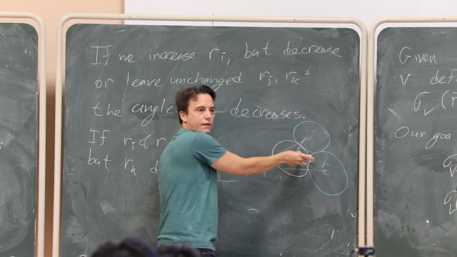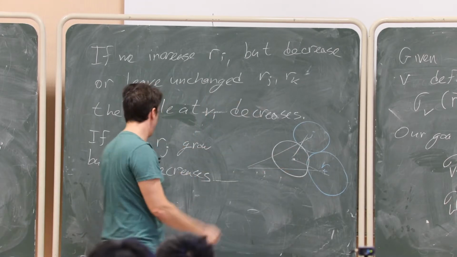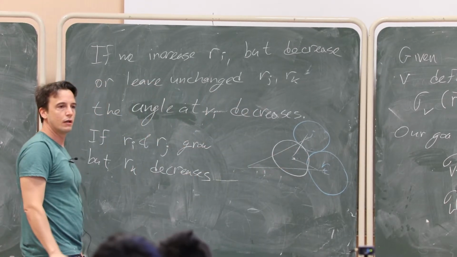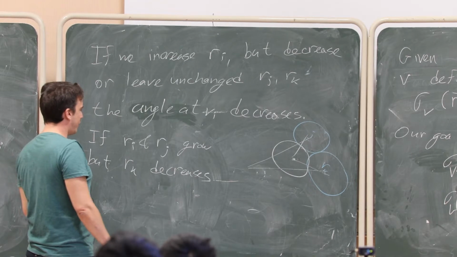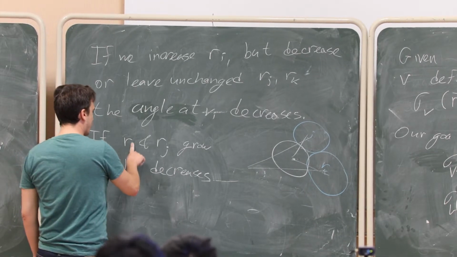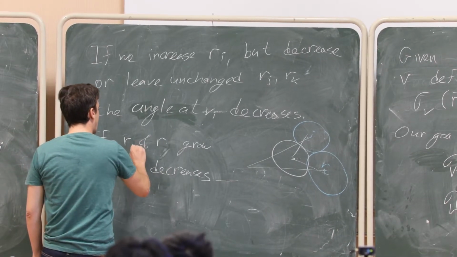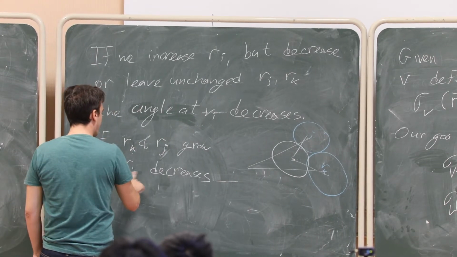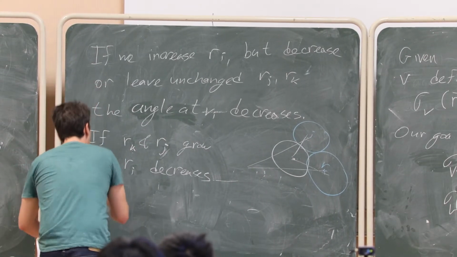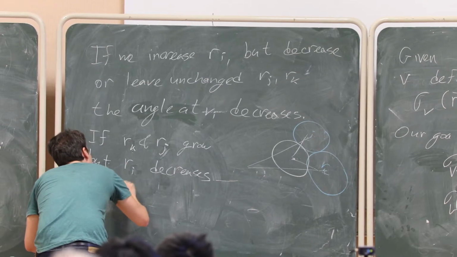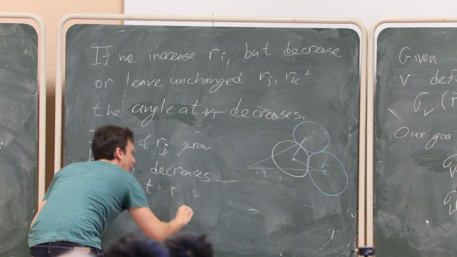If I decrease this, then the angle actually increases. Sorry, so let's make it just so it will be the same thing. If Rk and Rj grow, but Ri decreases, then the angle at I increases.